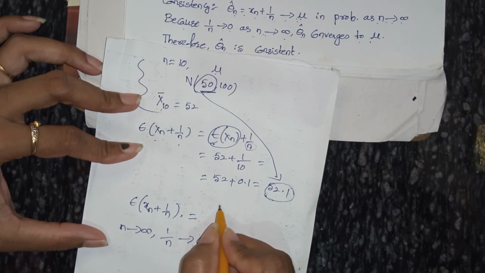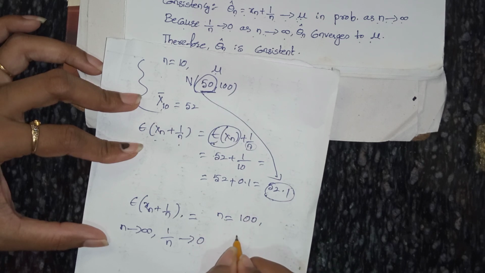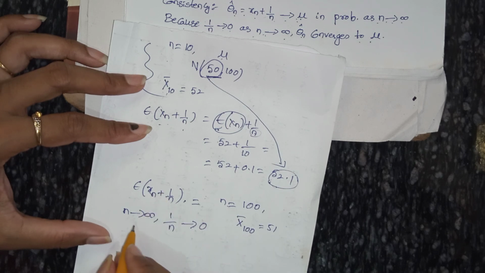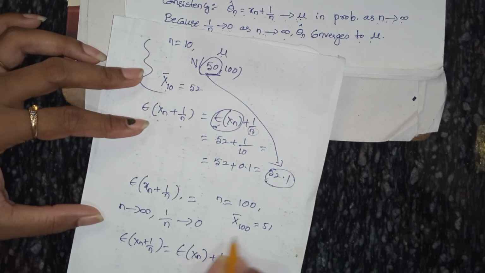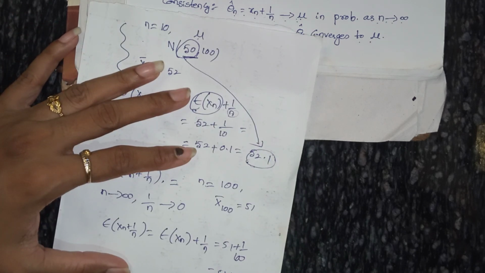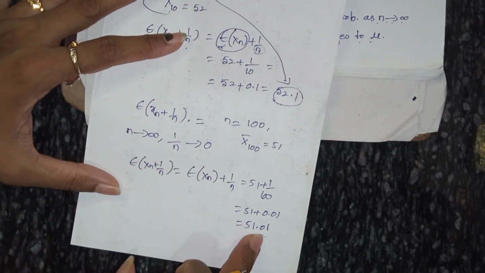Suppose sample size n is 100, and the mean X bar is 51, or 61, whatever you want you can take. So expectation of Xn is 51 plus 1 by 100, which is 51 plus 0.01, so we got 51.01.